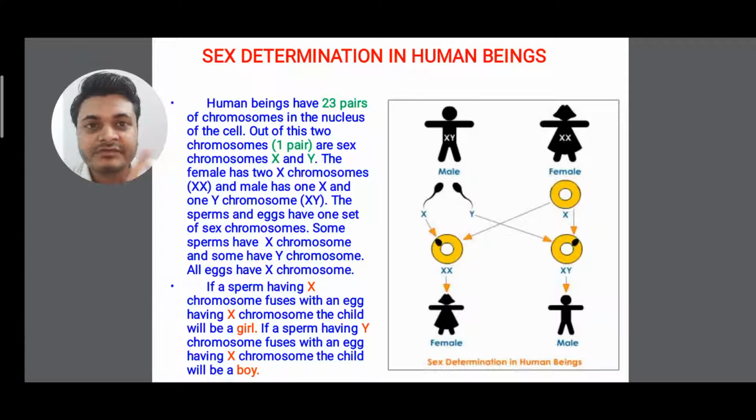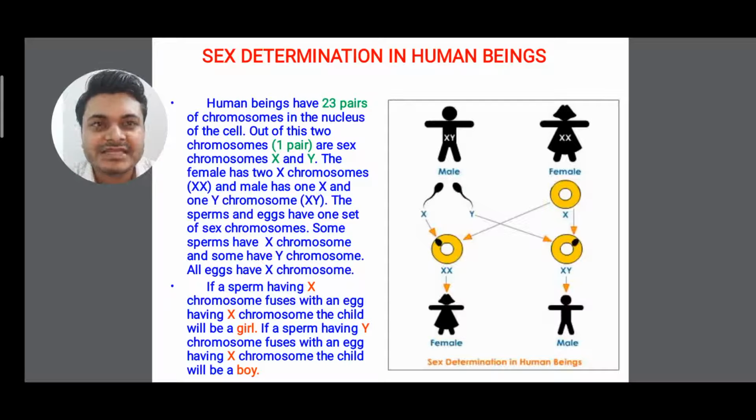That's why females are never responsible for giving birth to a female child. What I'm trying to say is that females are not responsible for the sex of the child, always the male is responsible, because females don't have an XY chromosome.